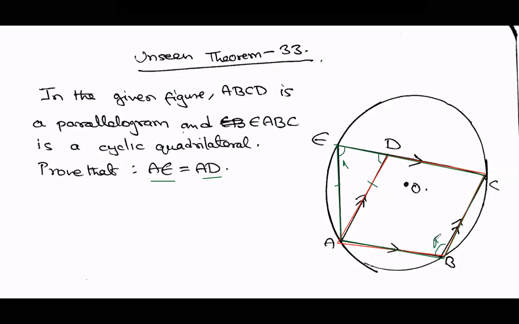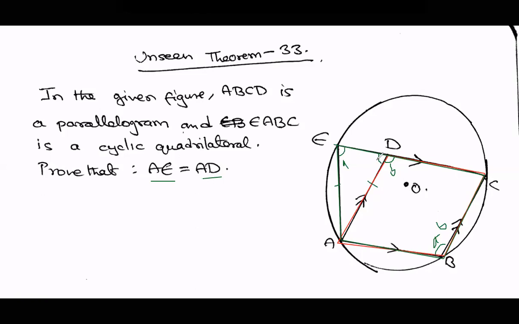Let me first see this angle and this angle. Suppose this is B and this is B. Let me write B. So this is also B. So this angle and this angle are equal to each other. Correct? And their sum is equal to 180 degrees.